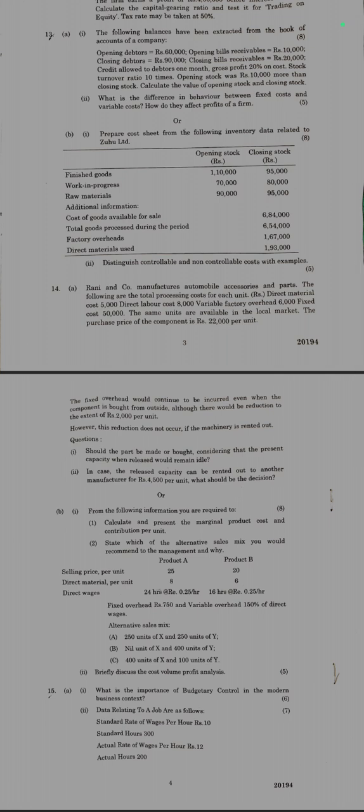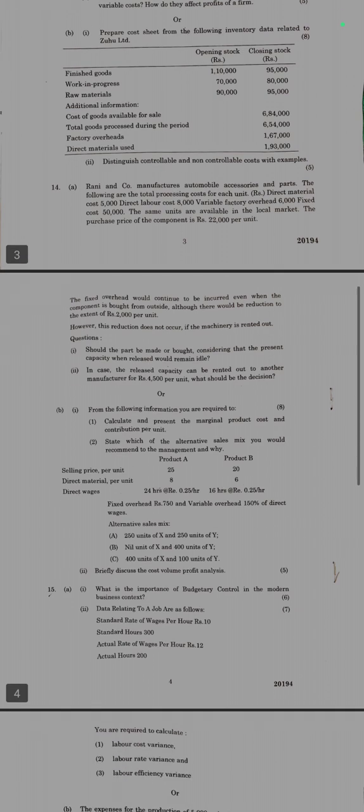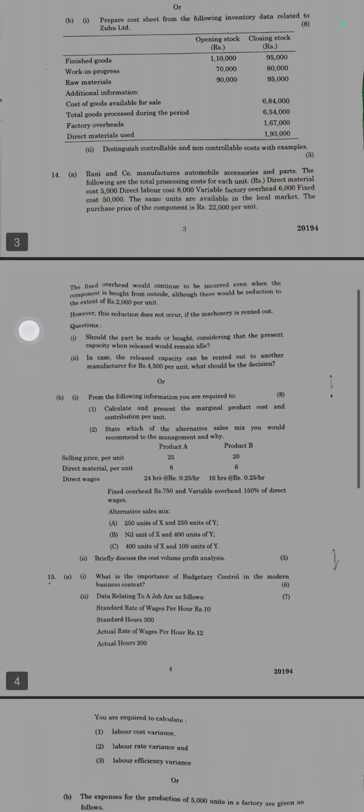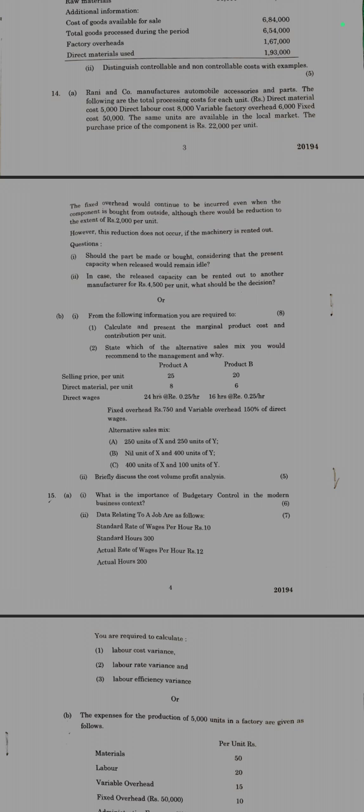Should the part be made or bought? Consider that the present capacity, when released, remains idle. In case the remaining capacity can be rented out to another manufacturer at 4,500 per unit, what should be the decision? How to figure that out, with the rent to another manufacturer.